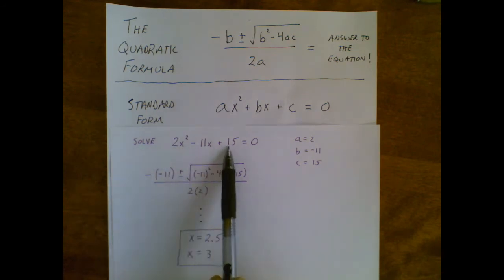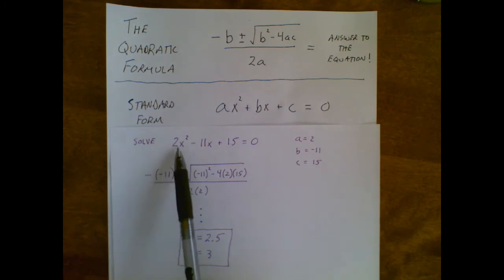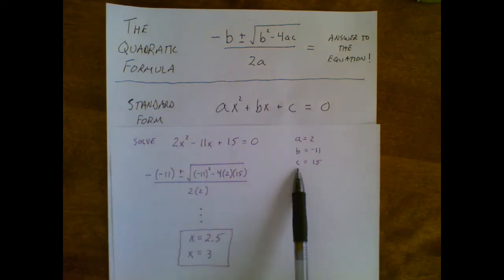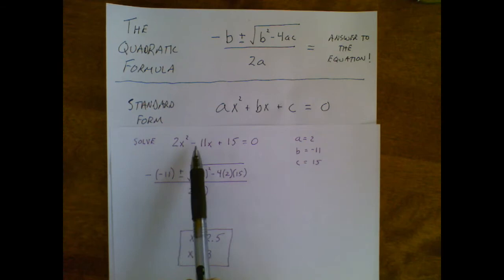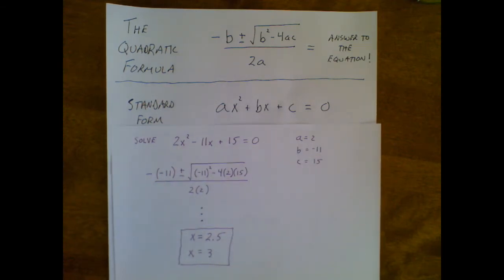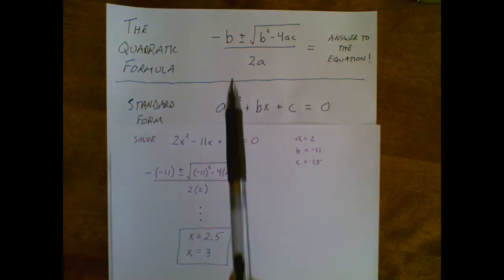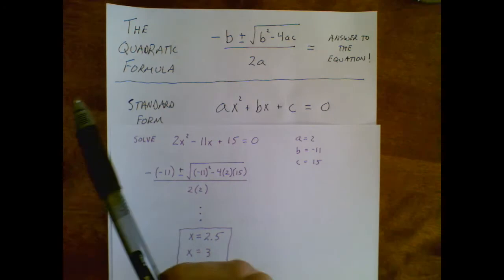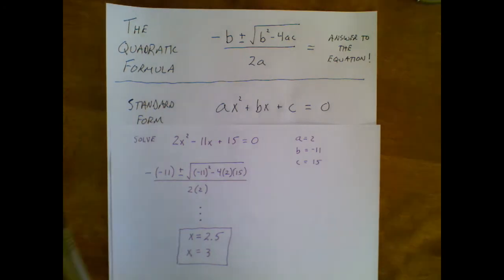So we decided this was in standard form. Step 2 on our list says write down the values for a, b, and c. You see the values, but write them down separately so that you can be a little bit more careful about the plugging in. And now when I do this plugging in, you'll notice that you have to be super meticulous.